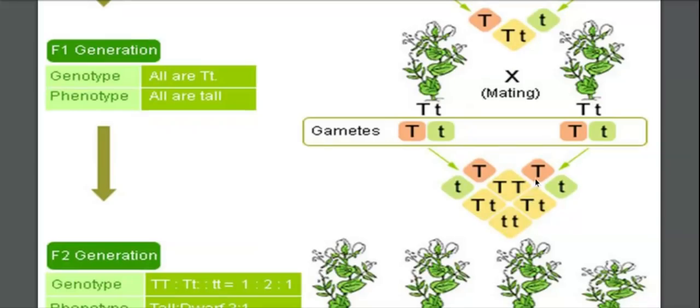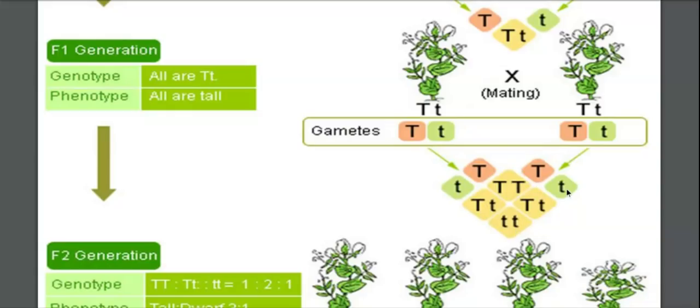Okay, and all you have to do is to write the gametes of one parent on one side and of the other parent on the other side. So suppose this is the male parent, you're writing capital T and small t on one side, and these are the two possibilities of gametes coming from this parent. So to fill this block, you just have to write this T and this T. To fill this block, you will have to write this T goes here and this t comes here.